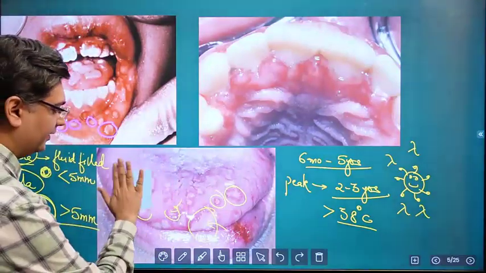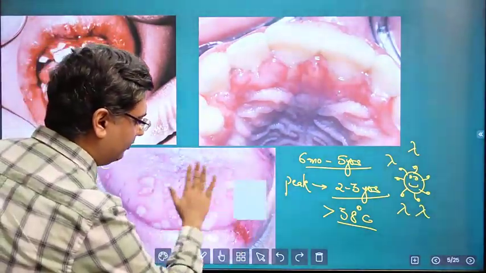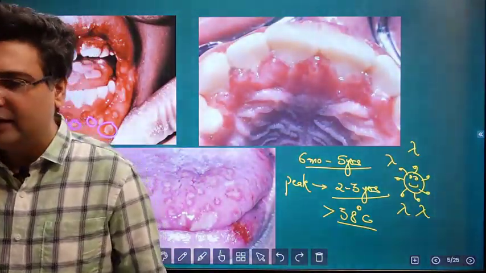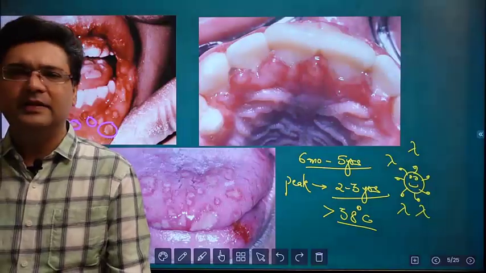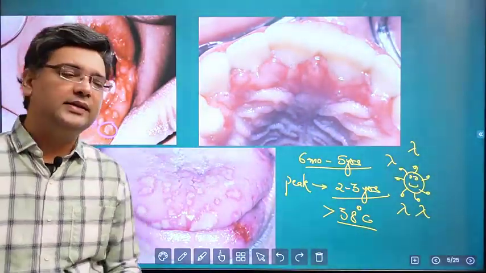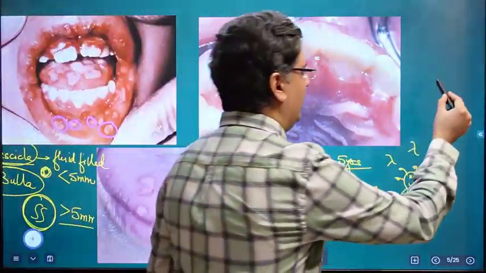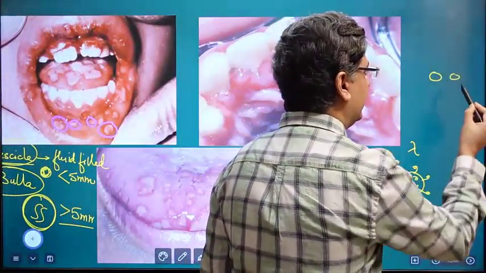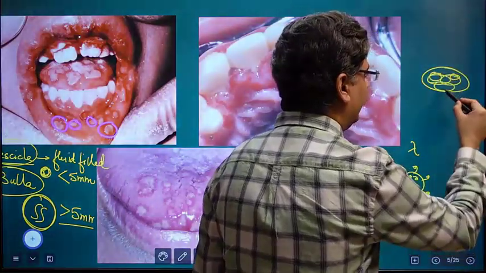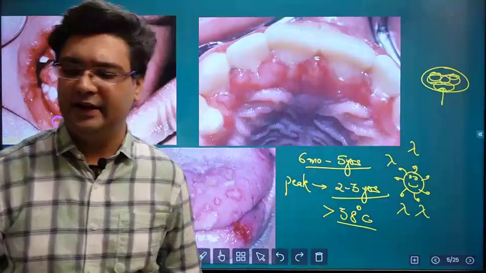When I rub them off, now you can appreciate these vesicles. Initially these numerous vesicles develop and they sometimes coalesce as well. That means these small vesicles can combine and result in the formation of bullae.